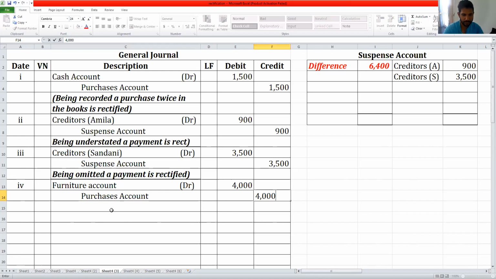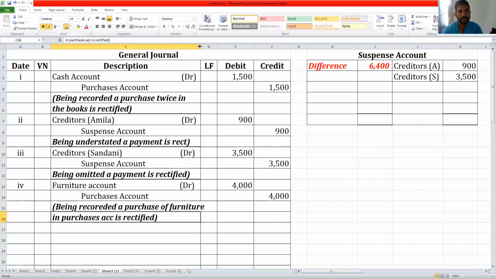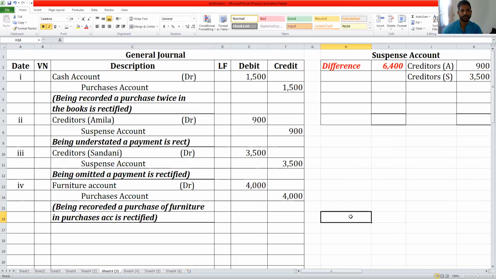Narration: Being recorded a purchase of furniture in purchases account is rectified.